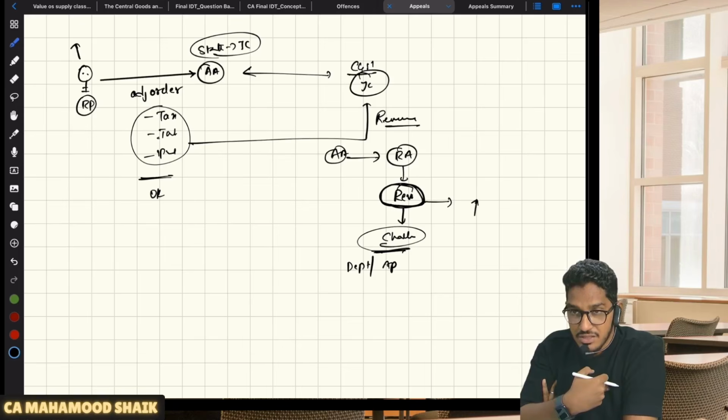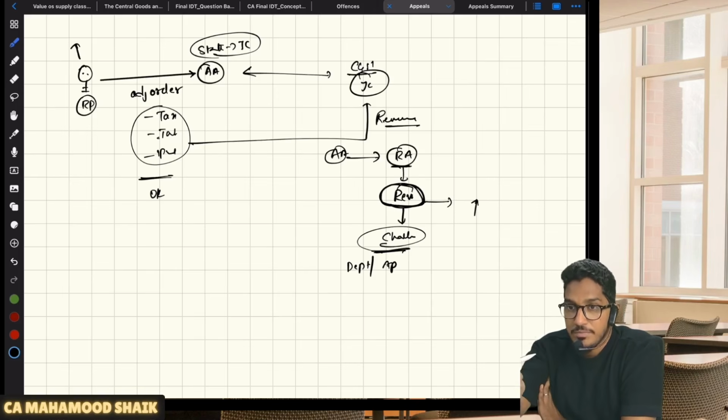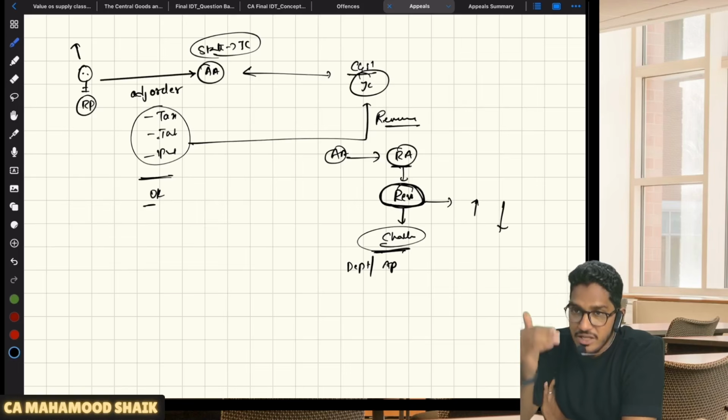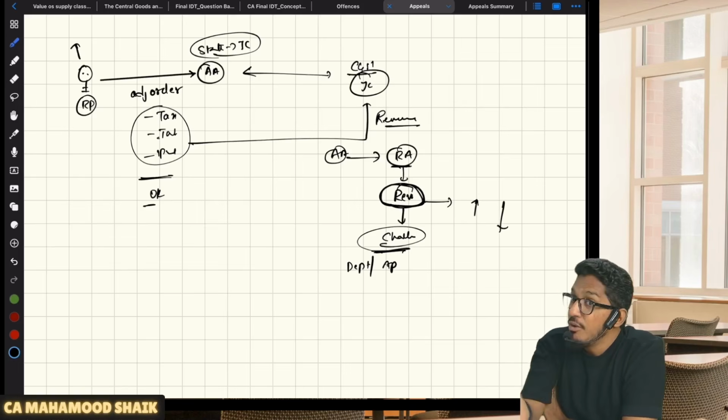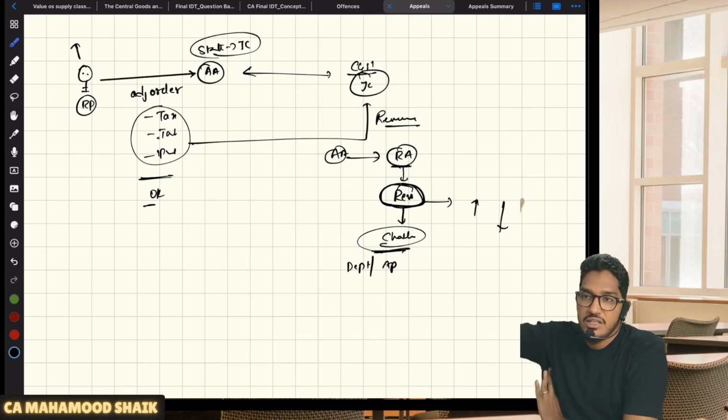So as a registered person, you are affected here. You don't want to go with the revisional authority's order. What should you do? Go for appeal. Or let us say that compared with the original order, the tax, interest and penalty have been reduced. Here the department will be affected, and they can go for appeal. If you want to go for appeal against the revisional order, directly go to GST-AT.